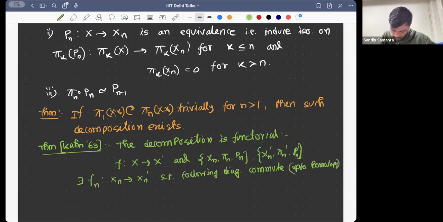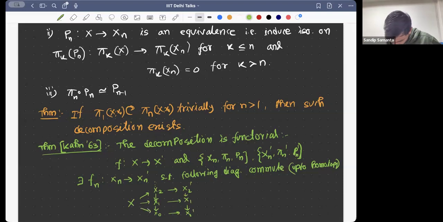Okay. So for the space X, I have X2, X1, X0, and here we have X2 prime, X1 prime, X0 prime. So there are these maps.